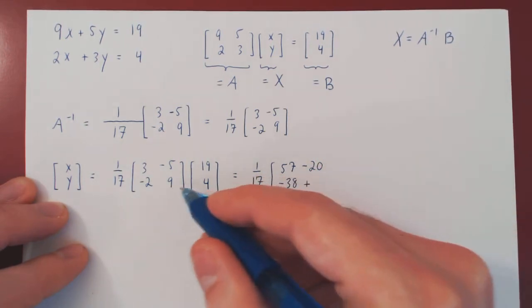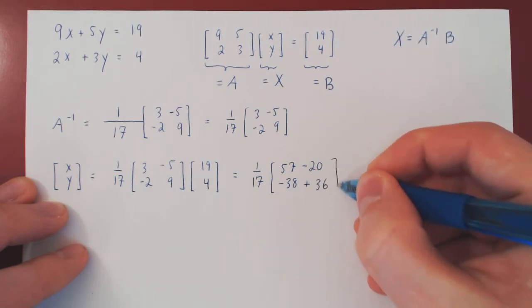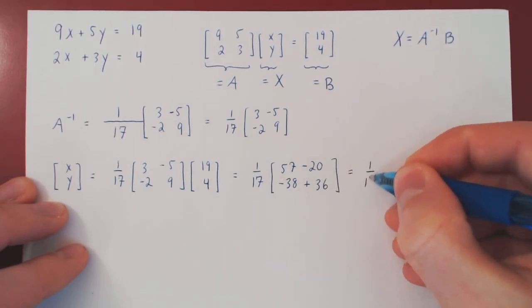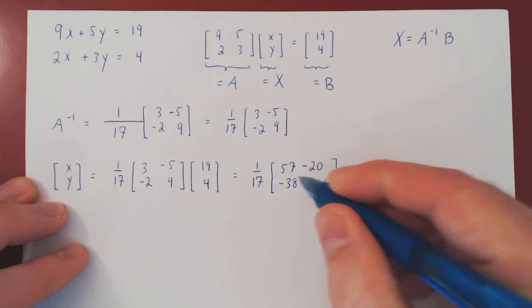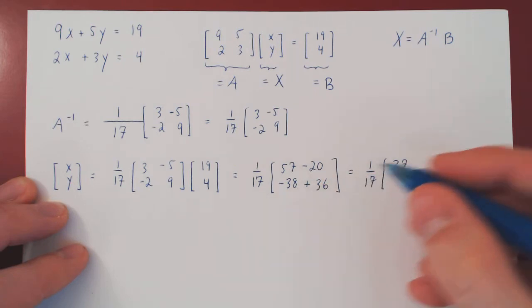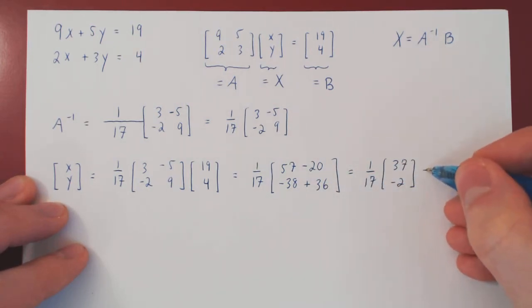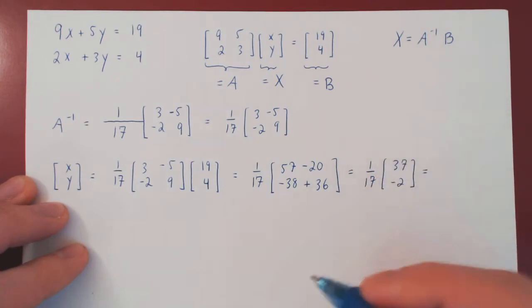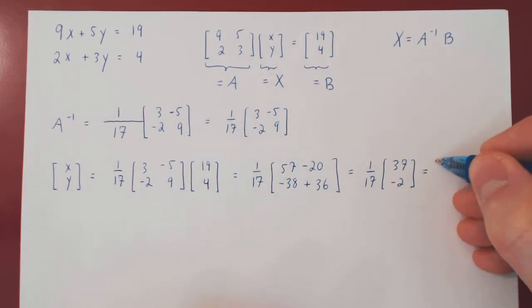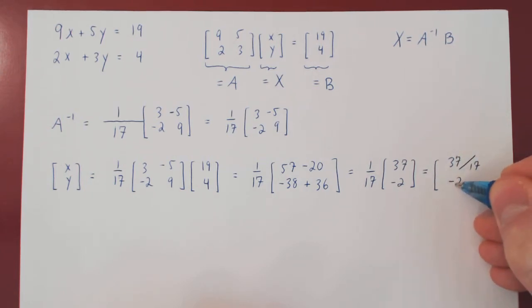Plus 4 times 9, 36. Which gives us 1 over 17 times 37, negative 2. And now you can multiply each entry by 1 over 17. So 37 over 17, first entry, second entry, negative 2 over 17.